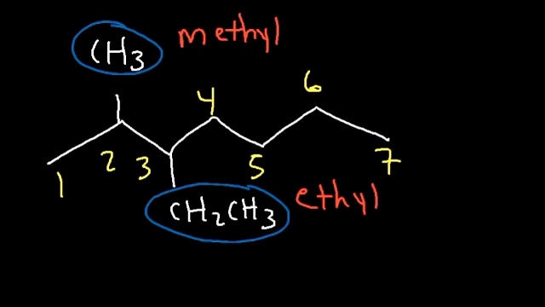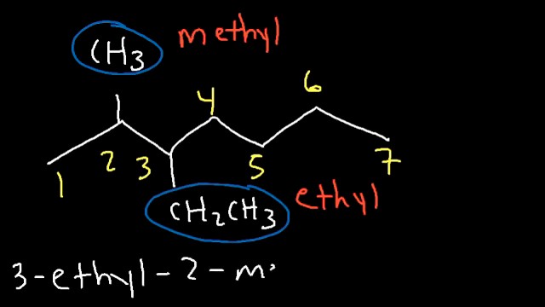So whenever you're choosing which substituent you should write first, look at the alphabet. E comes before M. So ethyl comes before methyl. So to name it, it's going to be 3-ethyl-2-methylheptane.